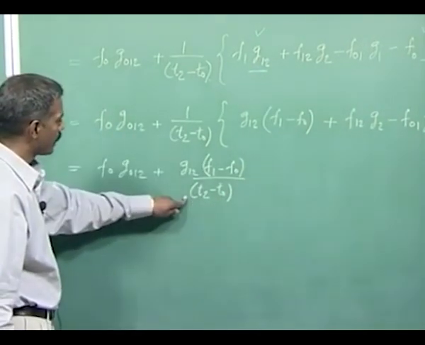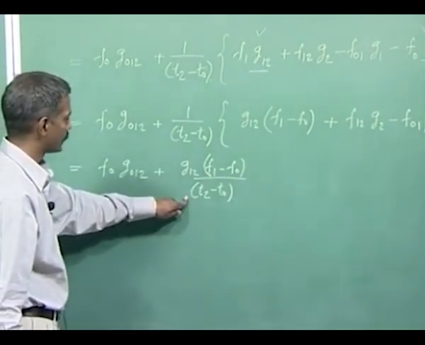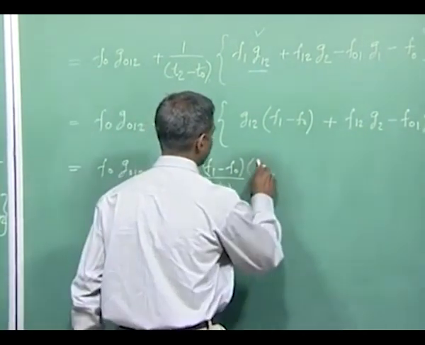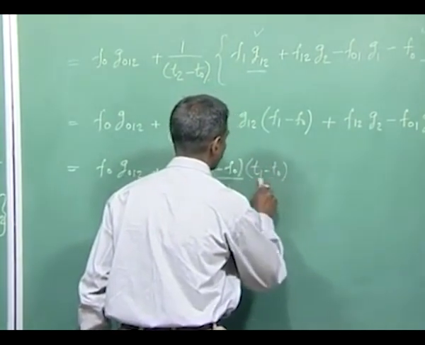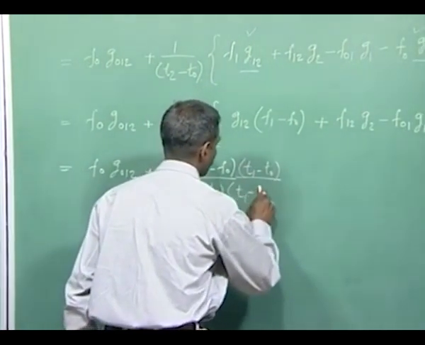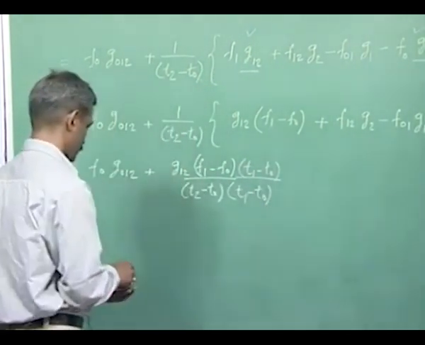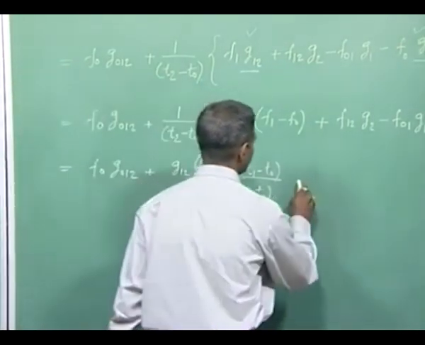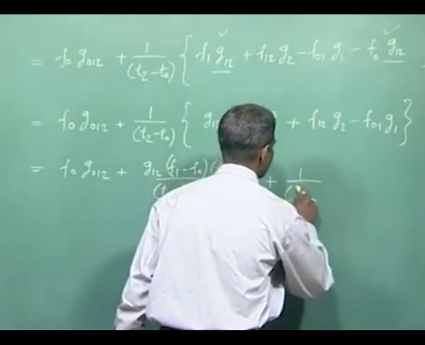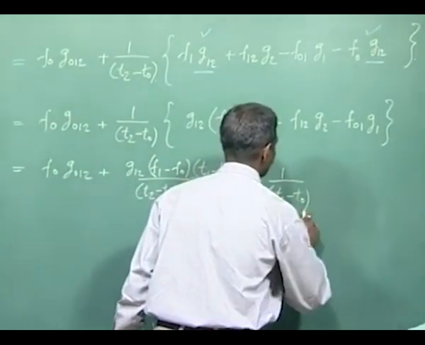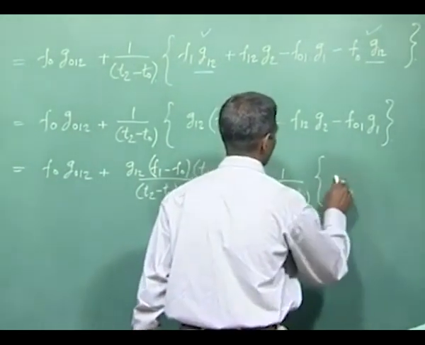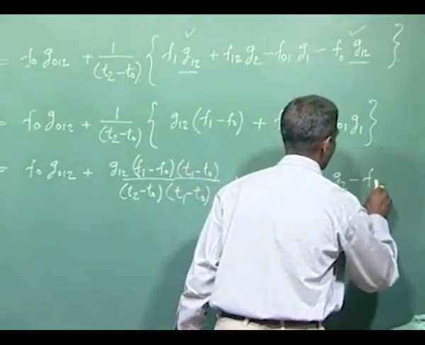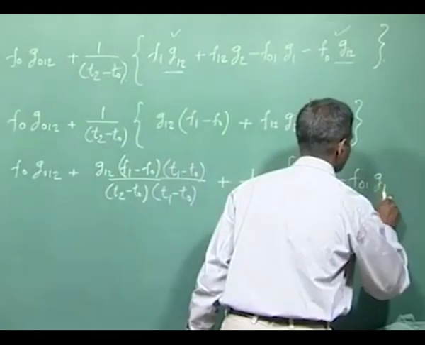I multiply and divide by T1 minus T0 here. This is T1 minus T0 over T1 minus T0. What I am left with is 1 over T2 minus T0 times F12 G2 minus F01 G1.